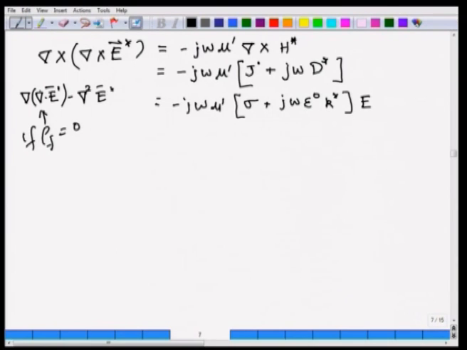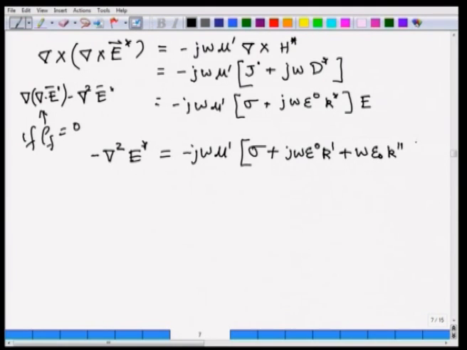In that case, if I write the wave equation, then this is equal to minus j omega mu prime sigma plus j omega epsilon naught K prime plus omega epsilon naught K double prime.